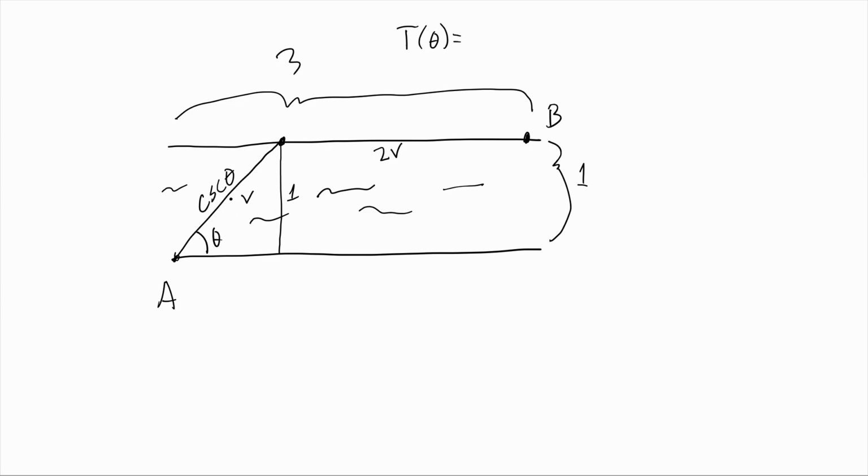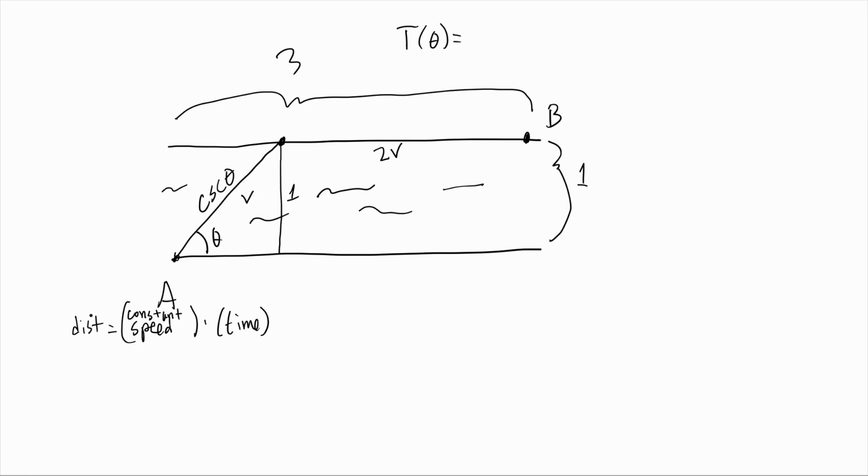How do we get time if we have distance and constant speed? Well, distance in general is equal to constant speed times time, which should make sense because the derivative with respect to time would just be the constant speed, which is what we wanted.